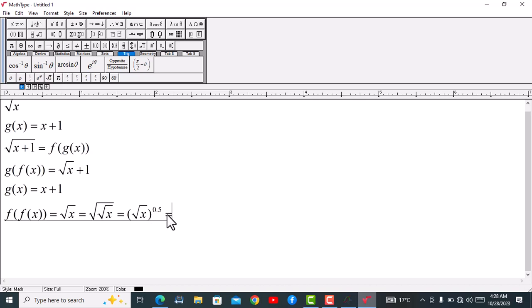This is what I can have. Now I can work on this one. Equals. Now I want to remove this square root. I can leave what is inside the square root, which is x, and raise it. When I remove this square root, I have 0.5.